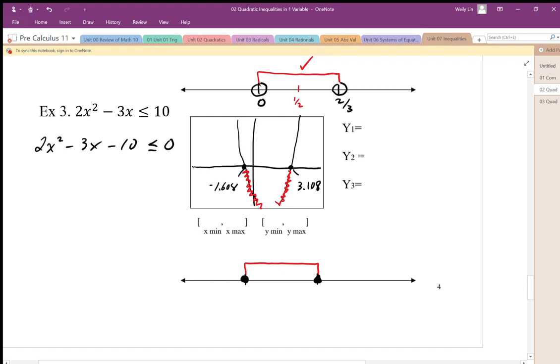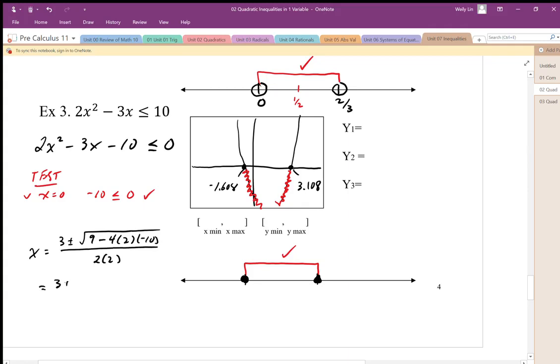Again, I can test. x equals 0 would be a convenient position to test because it's in between. When I test x equals 0, I get negative 10 is less than or equal to 0. That works. That's the boundary region that we want. The last thing here, I do have the decimal values, but we do aspire to have exact values. So I'm going to use my quadratic formula to get the exact values. I get b squared minus 4 times a times c, all over 2 times a.